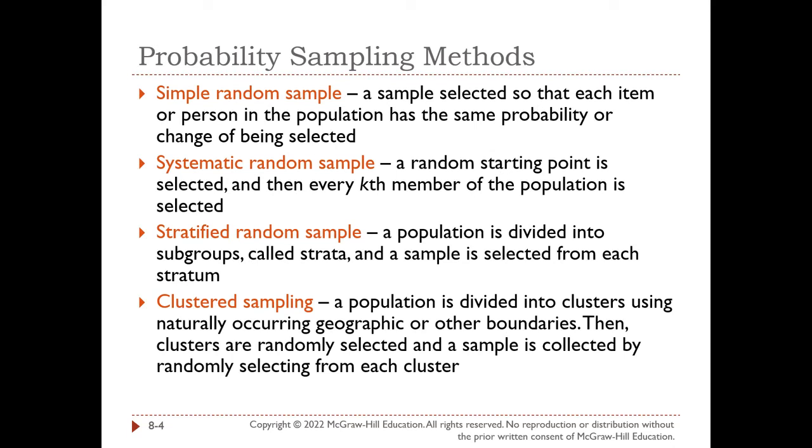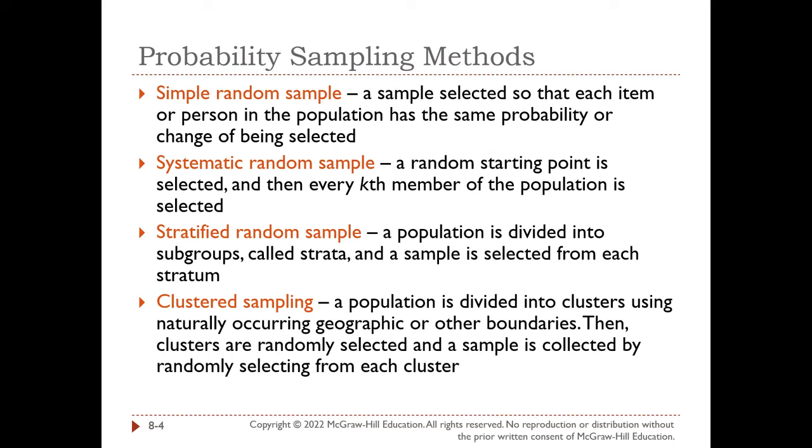Cluster sampling. A population is divided into clusters using naturally occurring geographic or other boundaries. These clusters are also randomly selected, and a sample is collected by randomly selecting from each cluster.